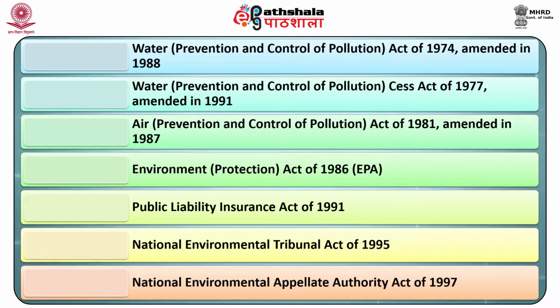Air Prevention and Control of Pollution Act of 1981, amended in 1987, Environment Protection Act of 1986 (EPA), Public Liability Insurance Act of 1991, National Environmental Tribunal Act of 1995, National Environmental Appellate Authority Act of 1997.